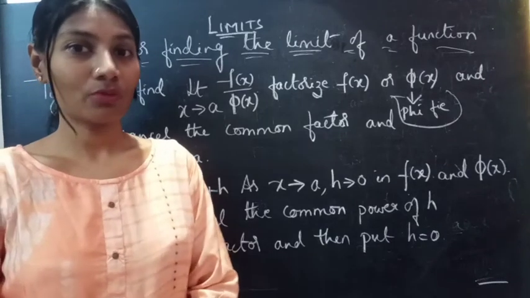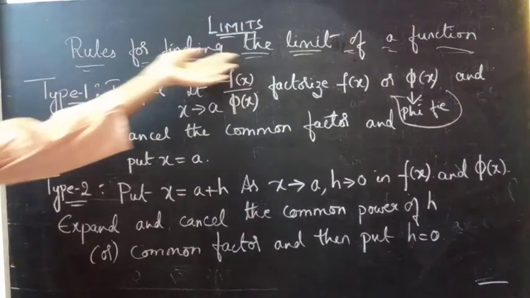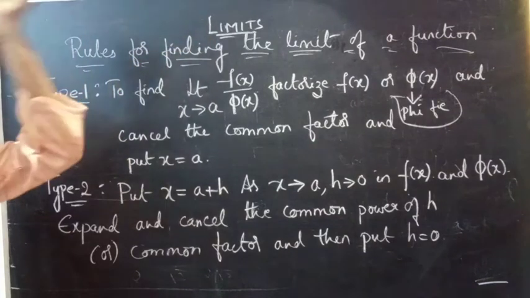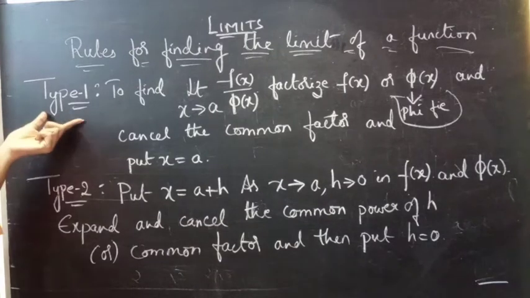In this video, we are going to see rules for finding the limit of a function from limits. Here we are going to see how many types of rules we have for finding the limit of a function for a given function. So type 1.